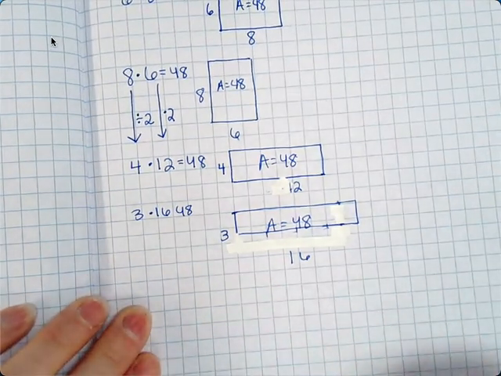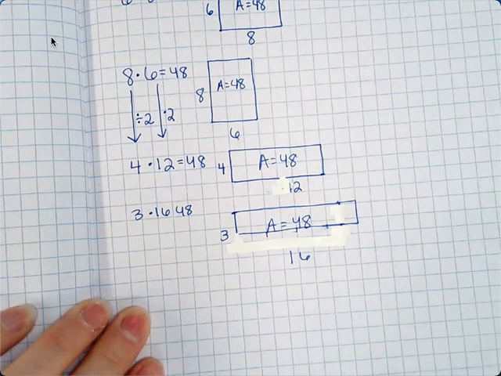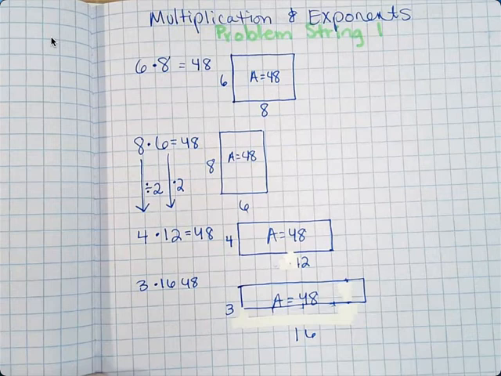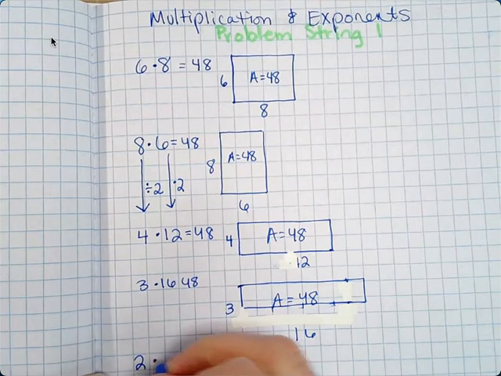Okay, what is another combination that gets us 48? 1 times 48. Is there another one, though? 2 times 24. Yeah, so 2 times 24.